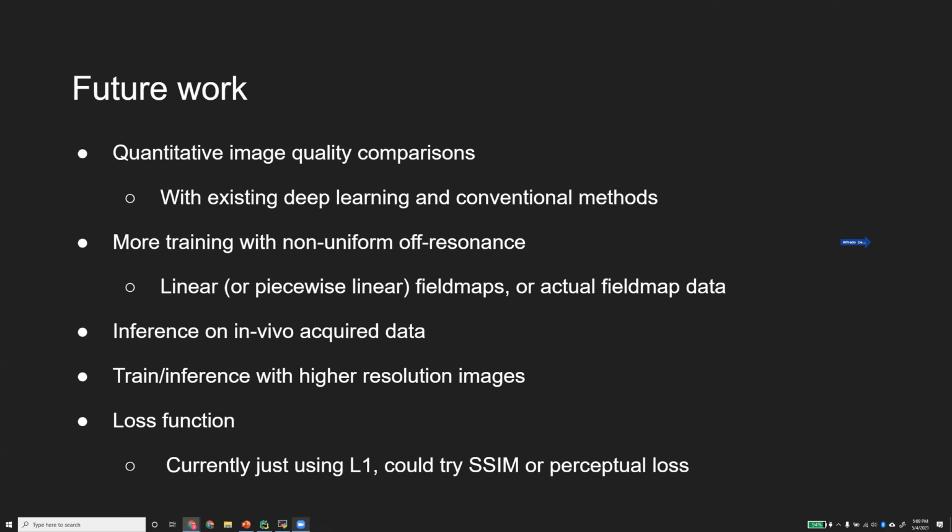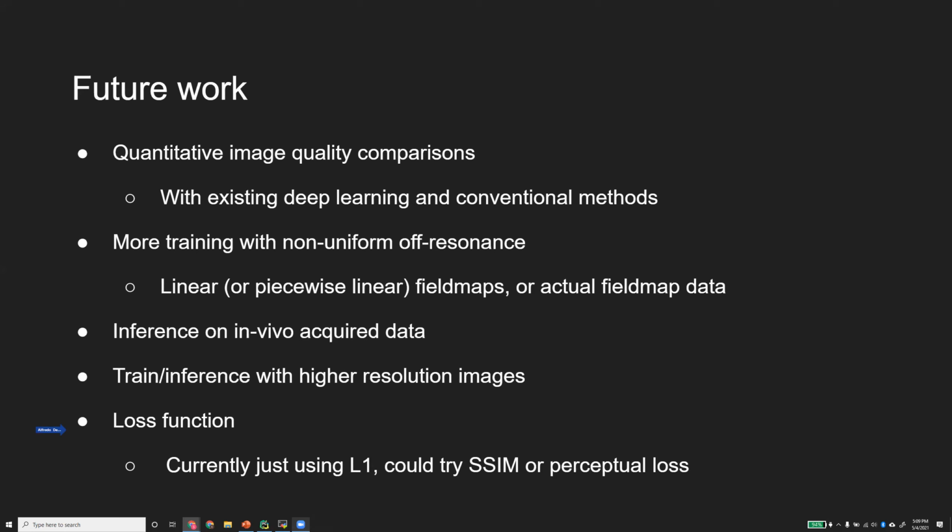But as we can see, the training is doing very well. Our hypothesis is that if we can bring the original training to whatever works on non-uniform, we should be able to bring all of them as well and probably do better. We also want to try linear or piecewise linear maps, since right now it's constant, and also high resolution and new loss functions.